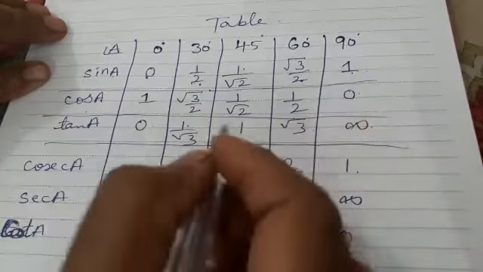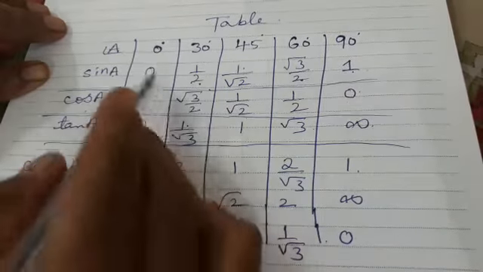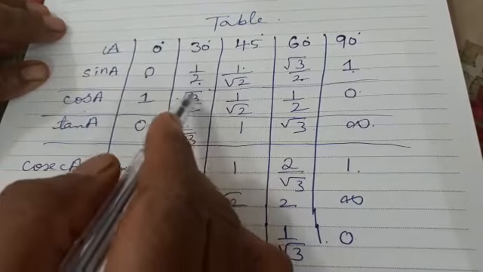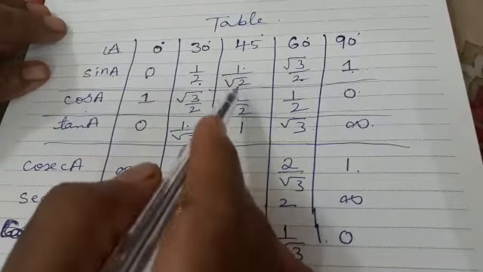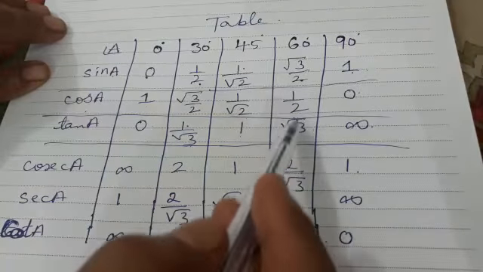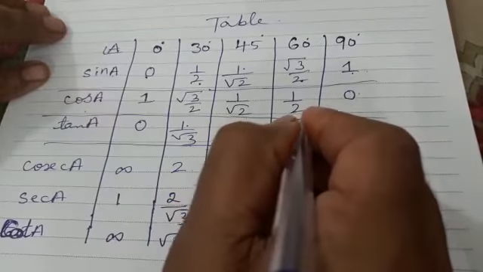And for tan, you divide: 0 by 1 is 0, half divided by root 3 by 2 is 1 by root 3, 1 by root 2 over 1 by root 2 gives 1, root 3 by 2 over half gives root 3, and 1 by 0 gives infinity.